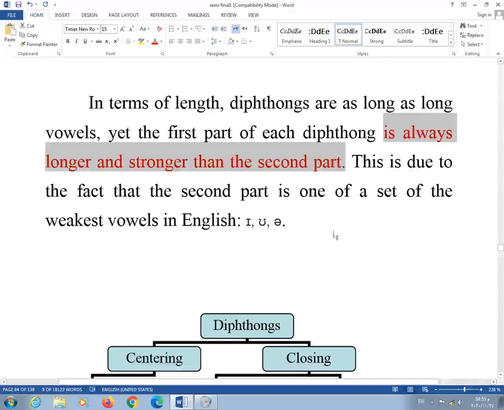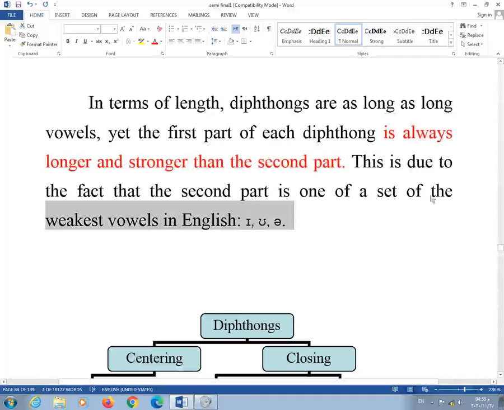Why? This is due to the fact that the second part is one of a set of the weakest English vowels. The second vowel in any diphthong is one of these three, and as you see, the three are very weak. Of course, schwa is the weakest one, but the other two are also weak in general.